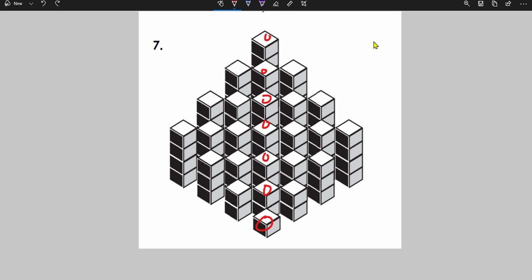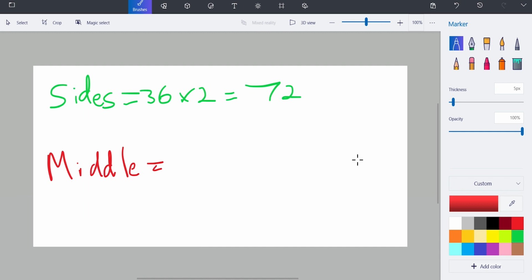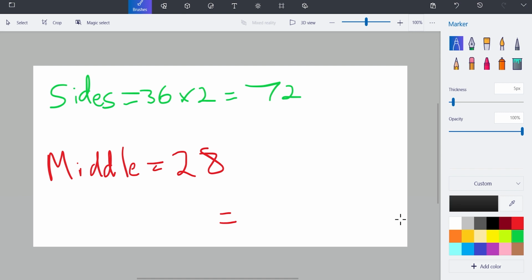But if you're planning on learning it anyways, that will be great. Otherwise you can simply go ahead and add as well. That gives us again 28. Then we add the total. We get the value of 100.